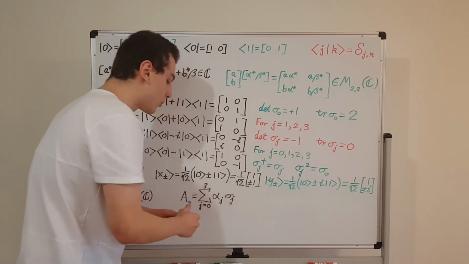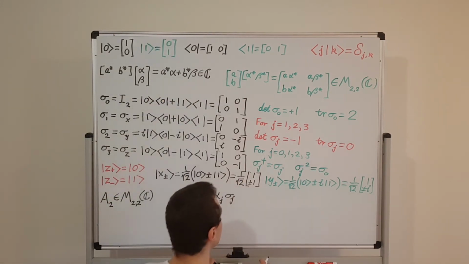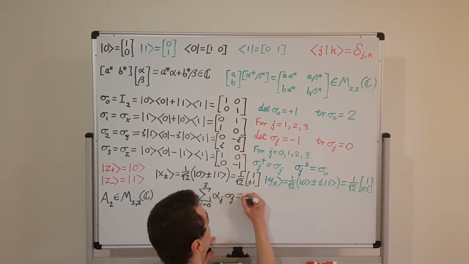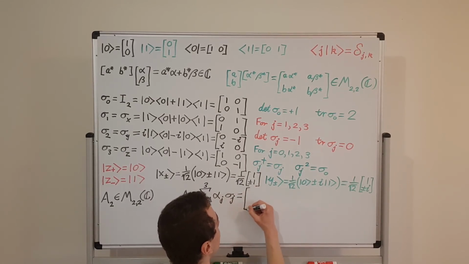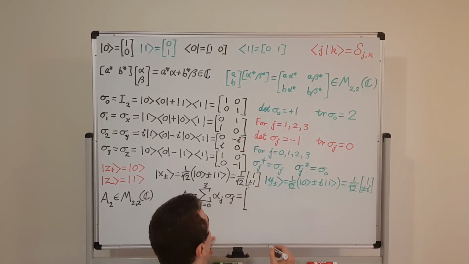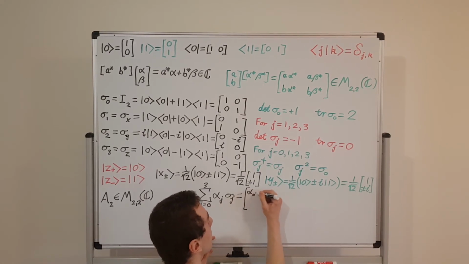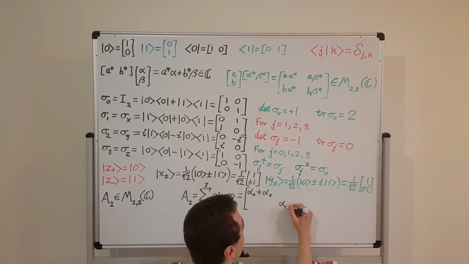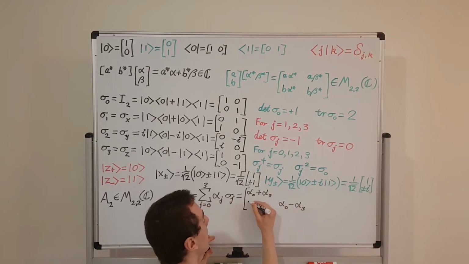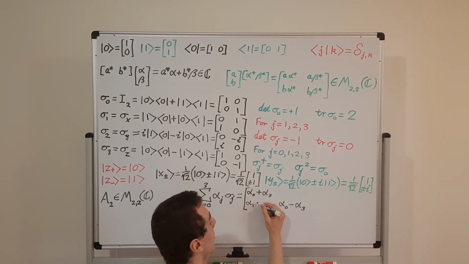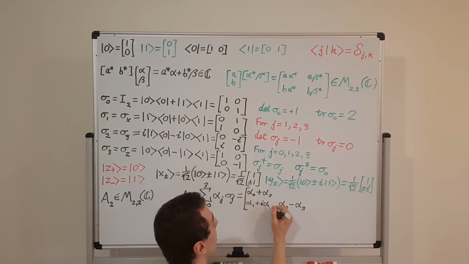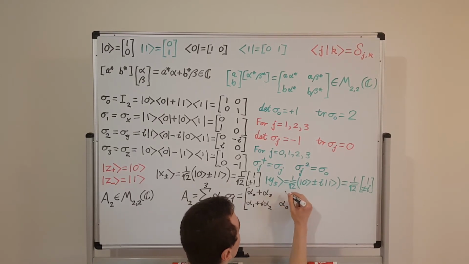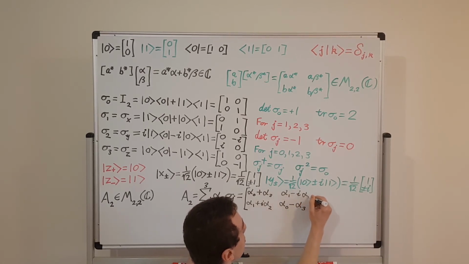Now let me write this out more explicitly. I can write this in a matrix notation, as a 2x2 matrix. On the diagonal, I'm going to have alpha 0 plus alpha 3, and then alpha 0 minus alpha 3. And on the off diagonal, I'm going to have alpha 1 plus i alpha 2, and then over here alpha 1 minus i alpha 2.